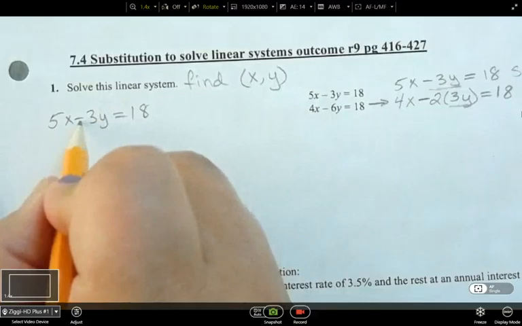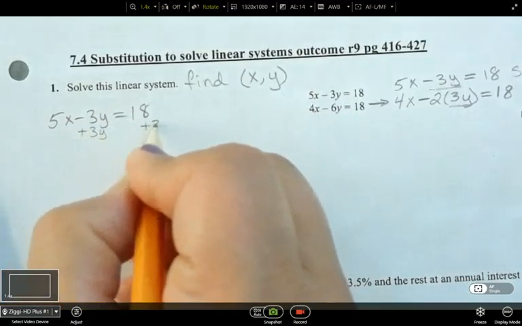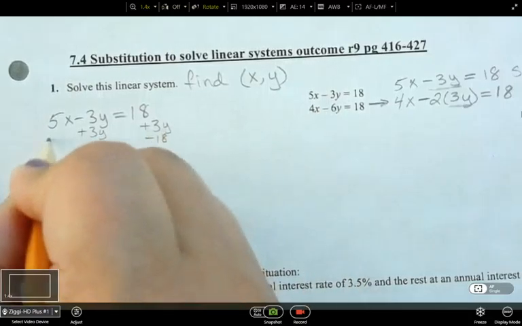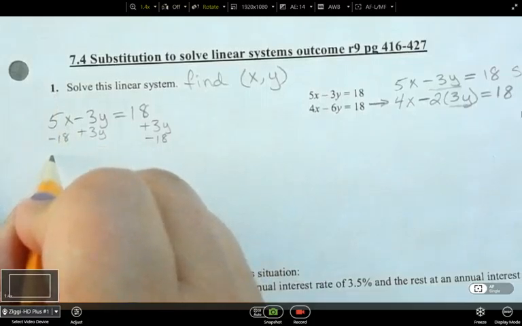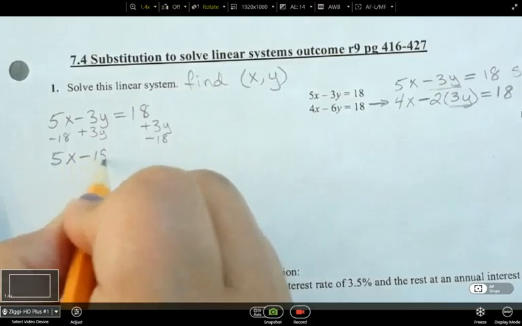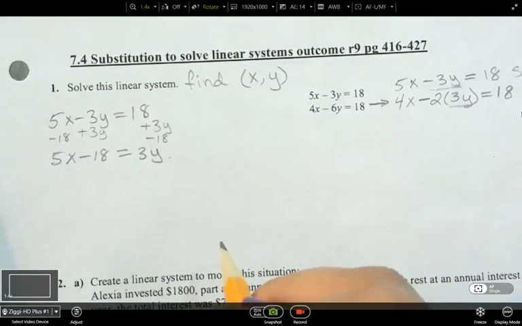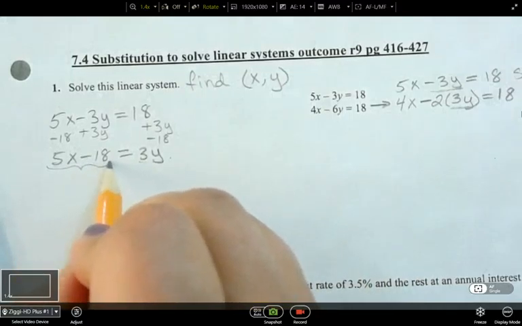Okay, so how am I going to do that? I can add 3y on both sides, and then I can minus 18. So then I'll have, let's see, 5x minus 18 equals 3y. So I've got my 3y, and it equals this.